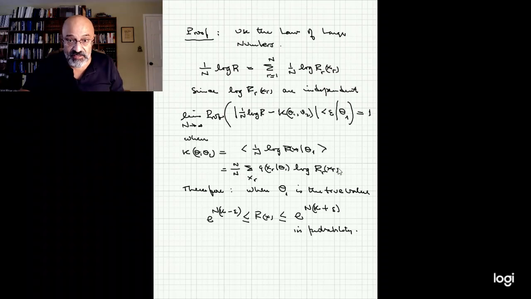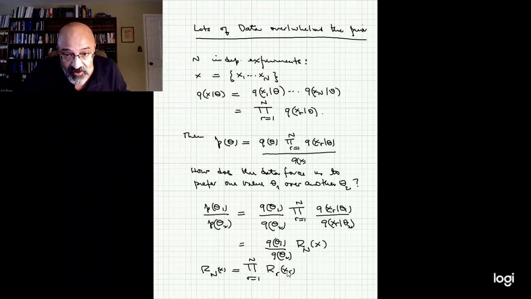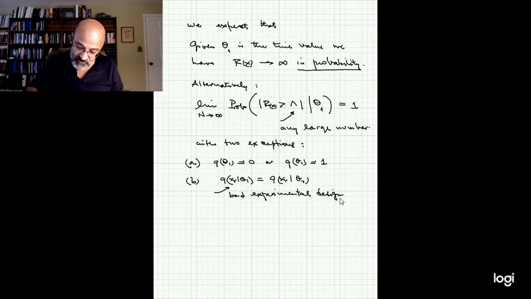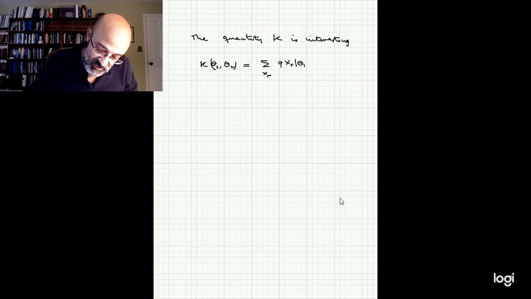Go back yet another one. And we have that the R is one of these factors. It's the likelihood ratio. It's a ratio of the likelihoods. So the quantity we have here for any XR is the probability of XR given theta 1 multiplied by the log of the probability of XR given theta 1 divided by Q of XR given theta 2.